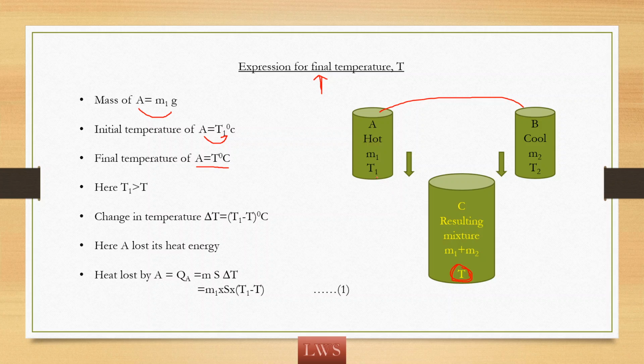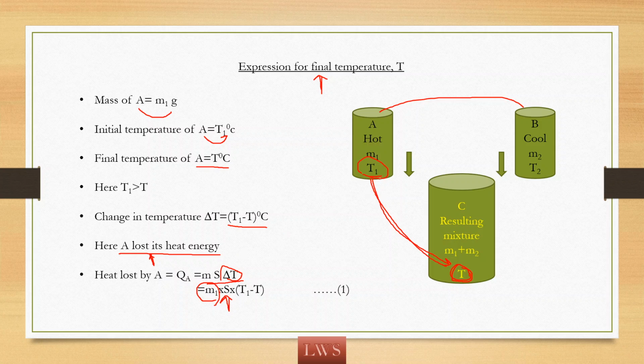The initial temperature of A is T1 and it settled to a temperature of T. So what is the change in the temperature? T1 minus T degree Celsius. And here A has lost the heat energy. So what is the heat lost by A? So that temperature changed from T1 to T. So it is nothing but m s delta T. Here M1 is the mass of A. Let us assume S is the specific heat of A, and what is the change in delta T?